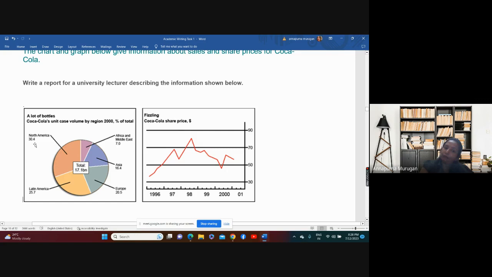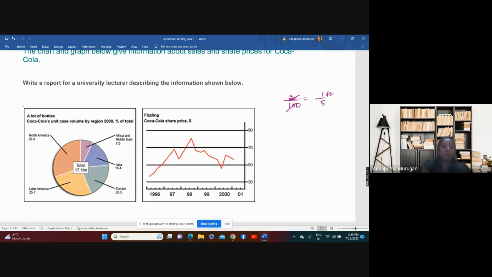It is also noted that 1/5 of the total sales of Coca-Cola was witnessed in Europe. See, I use the word 1/5. I didn't use 20.5%. Why did I use that? I used a little bit of maths here. Approximately it is 20%, 20 by 100, so it is 1/5.